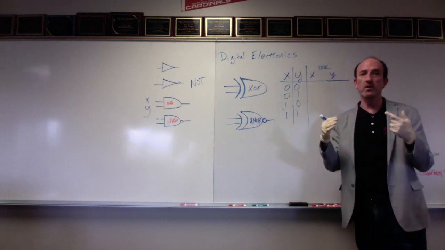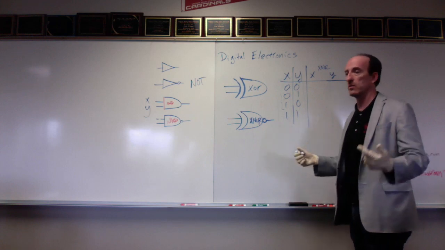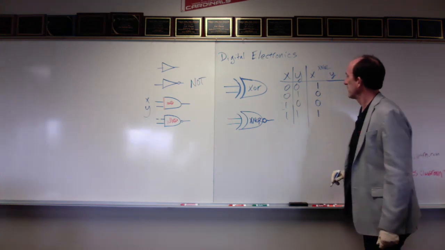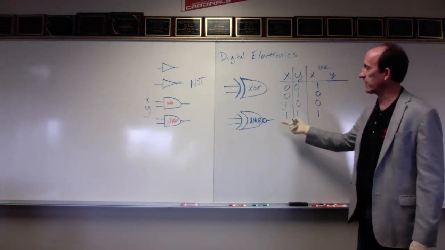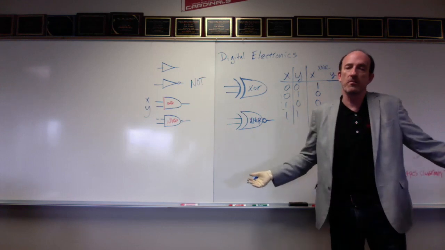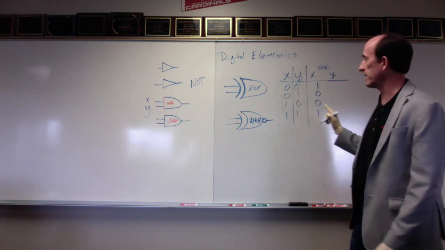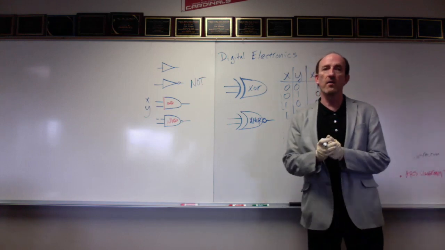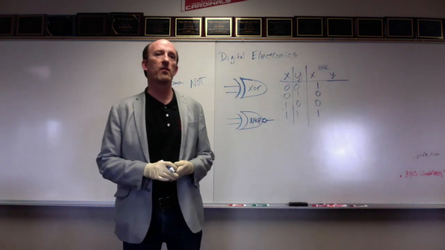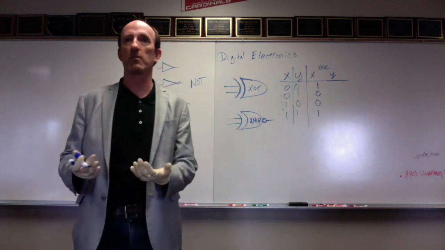when the inputs are the same, the outcome is now going to be true. So the 1,1 will make XNOR true. 0,0 will make XNOR true because it's the opposite of XOR. And because XNOR is true whenever the inputs are the same, it's also called EQUIV, or equivalent, because the inputs are equivalent to each other when it makes them true.